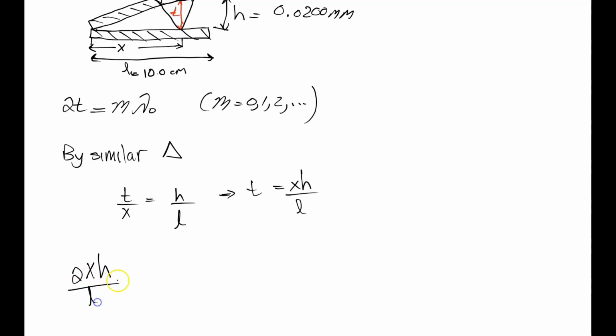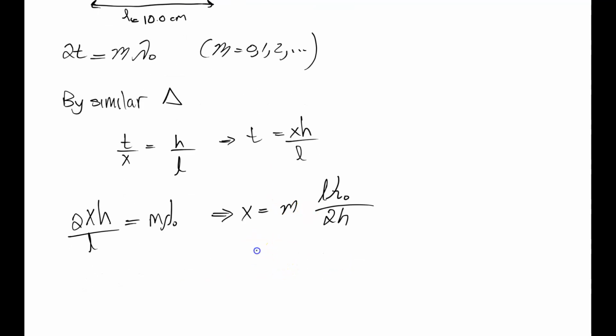2xh over L equals m lambda naught, which means that x equals m lambda naught over 2, times L over h. And so this will equal m times 0.1 meters.